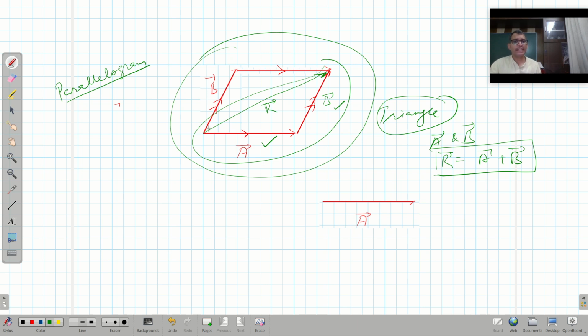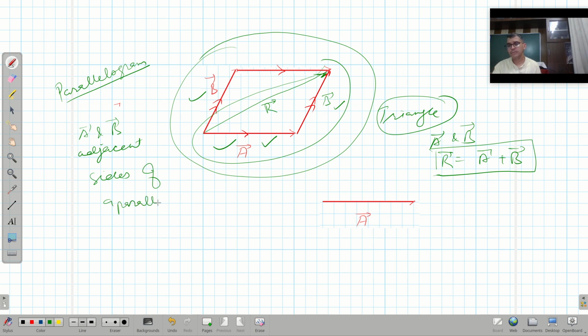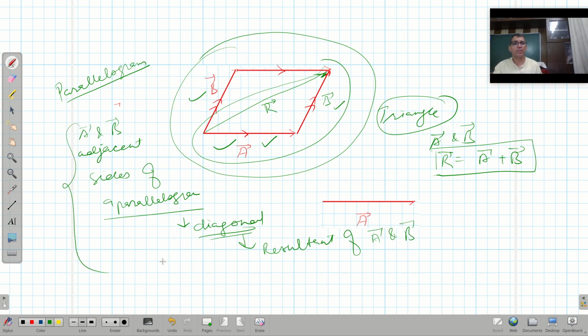It suggests that if two vectors, this A and this B vector, represent two adjacent sides of a parallelogram, then their diagonal represents the resultant of these two sides, or the resultant of A and B. So this is the parallelogram law of vector addition.